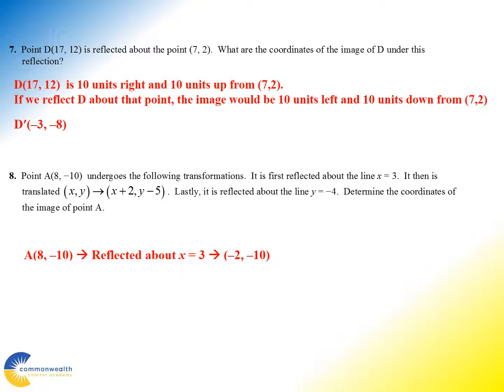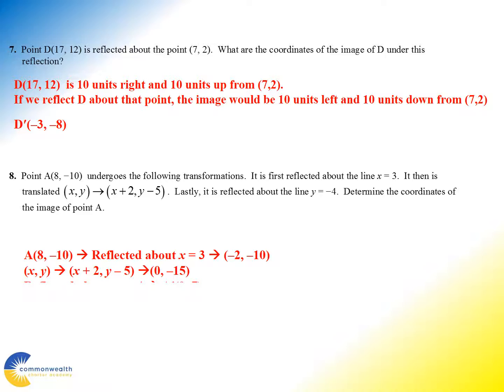Now, if I use the translation rule, it says x plus 2, y minus 5, which means I'm going to take the x-coordinate, add 2 to it, take the y-coordinate, subtract 5 from it. And so when I do those two things, that's going to put me at 0, negative 15. Lastly, I'm going to be reflecting around the line y equals negative 4. So y equals negative 4 is a horizontal line.